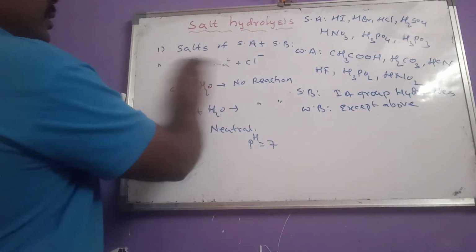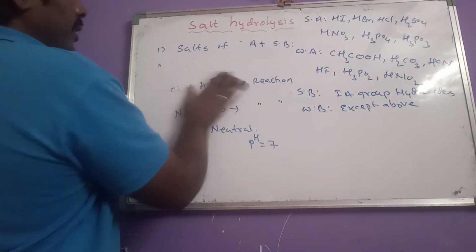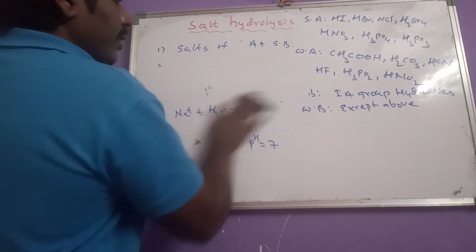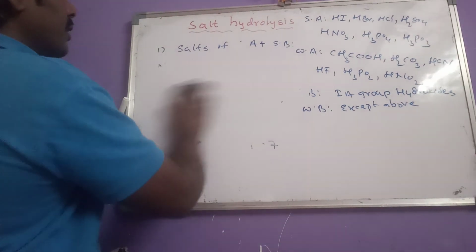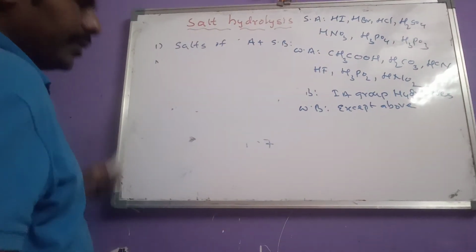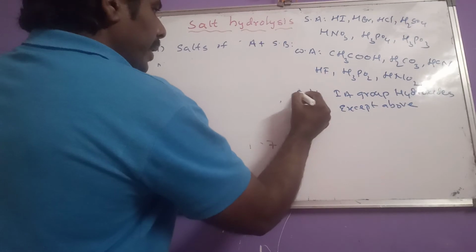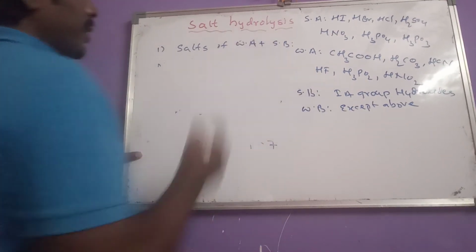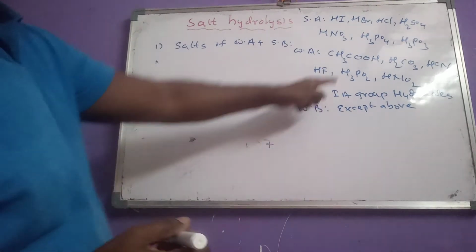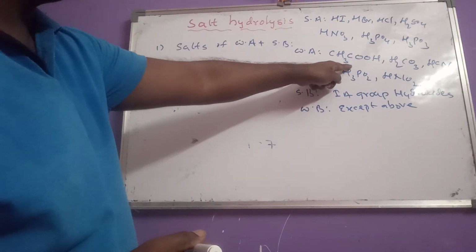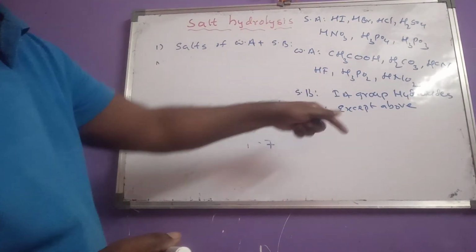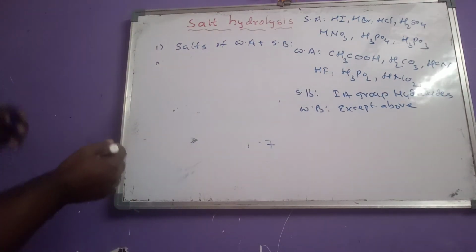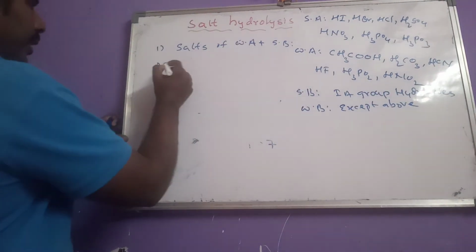Okay, now let us go for the second example. Which one here? Salts of weak acid plus strong bases. Weak acid example is which one? Acetic acid. Strong base example NaOH. So what we can get here?